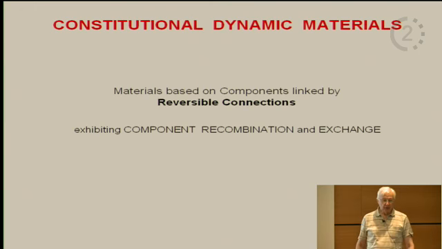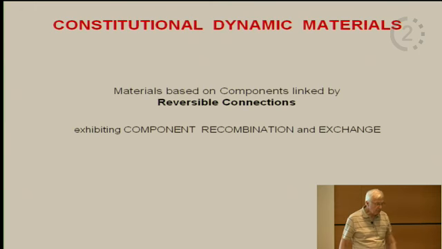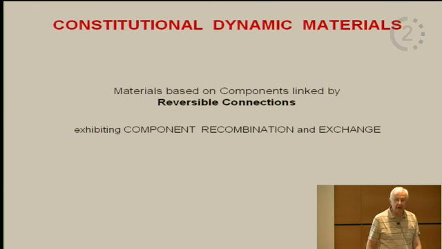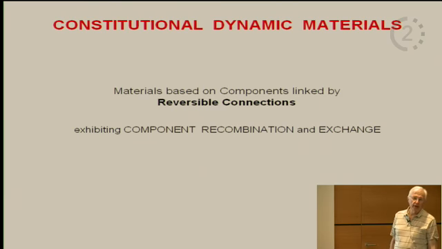Okay, now something about materials. At first sight you say, do you really want to make dynamic materials? Because dynamic materials means materials which are not stable, which can fall apart, which looks like a stupid idea.